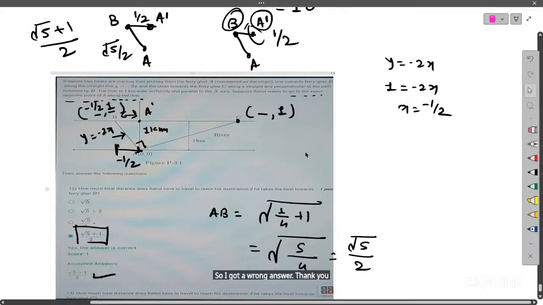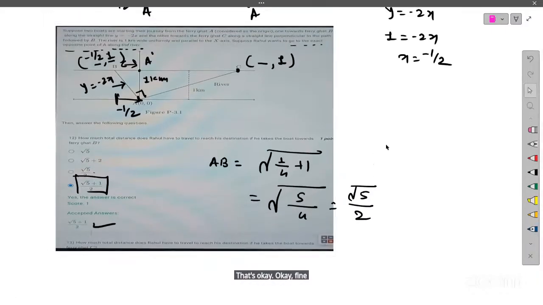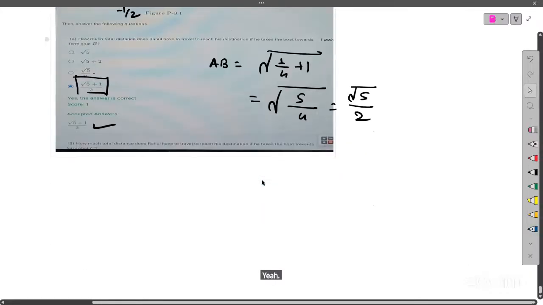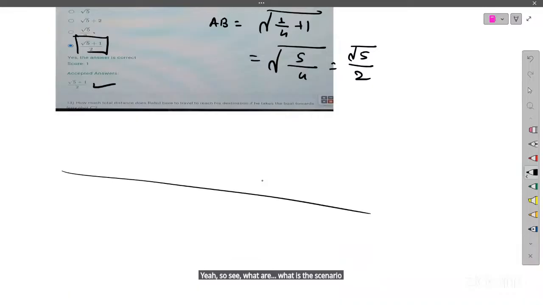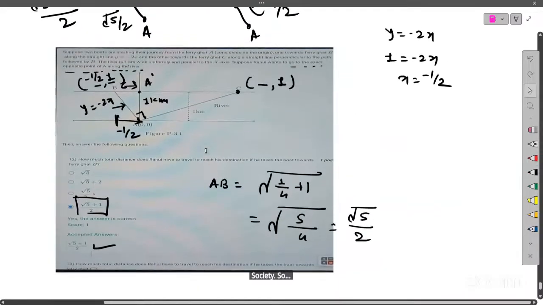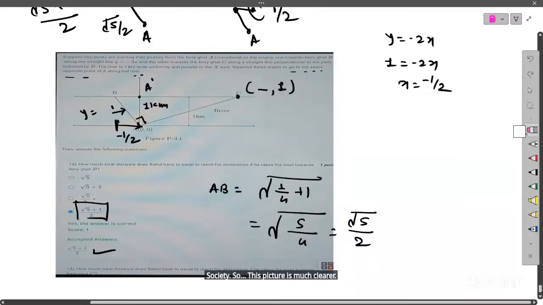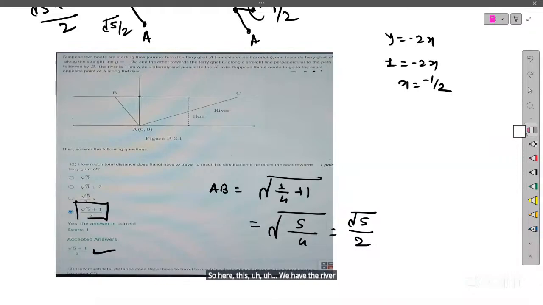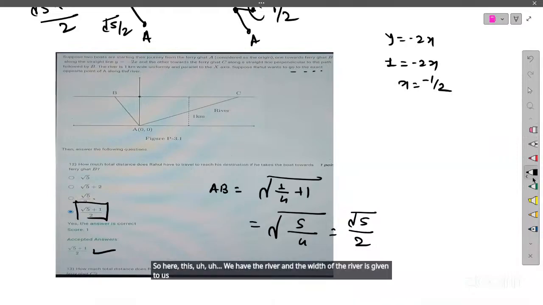Okay, fine. I couldn't understand. Could you repeat? Yeah, so see, the scenario here is, this is the river. So this picture is much clearer. Here we have the river and the width of the river is given to us. So a lot of information is already given to us.